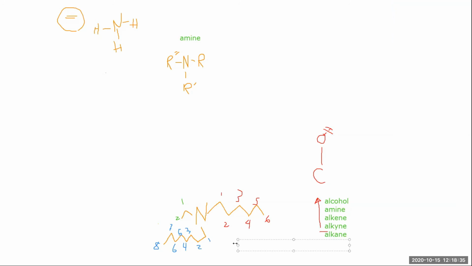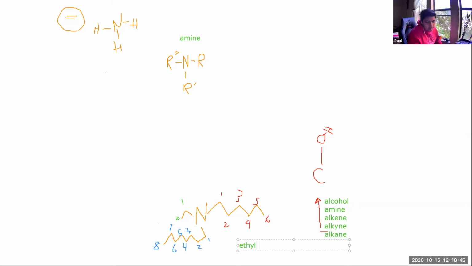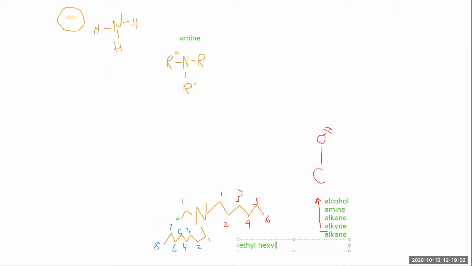Ethyl will go first. And then what? It'd be 6, hex.